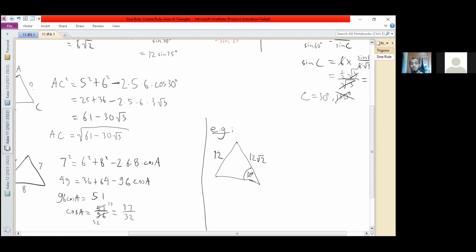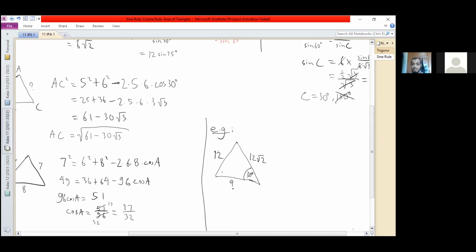If we are using the sine rule, first we need to find this angle, then by using the sine rule you find the other angle by subtracting from 180 degrees, and then again use the sine rule. That's one way to find this side.